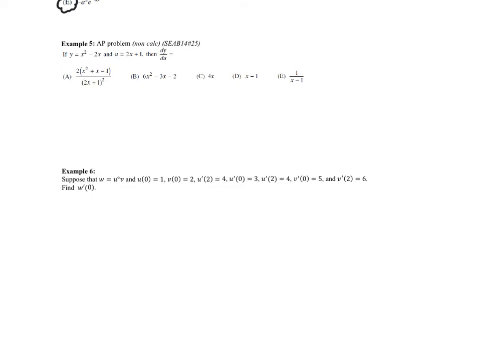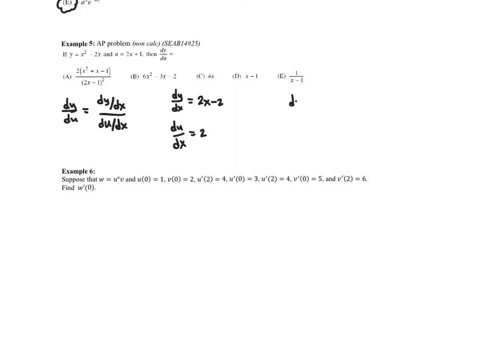Okay, so now think of this very similar to how I define this with dy and dt, right? So dy du will be equal to dy dx over du dx. Okay, so let's find dy dx, or y prime. dy dx will equal, based on the function given above, 2x minus 2. du dx will be 2.